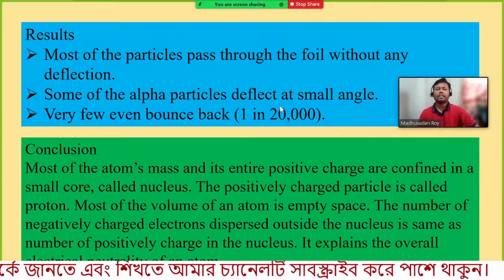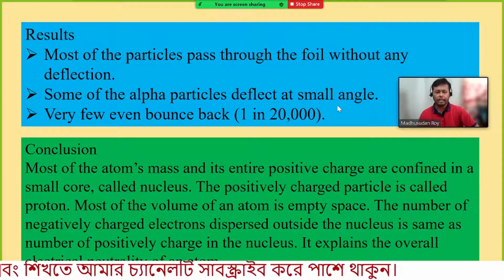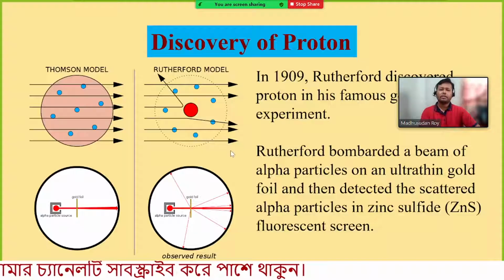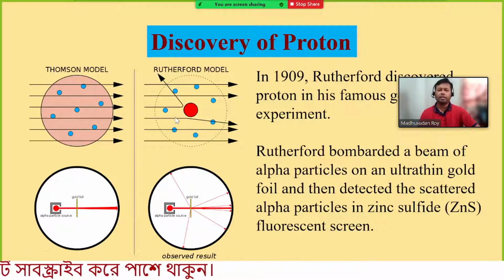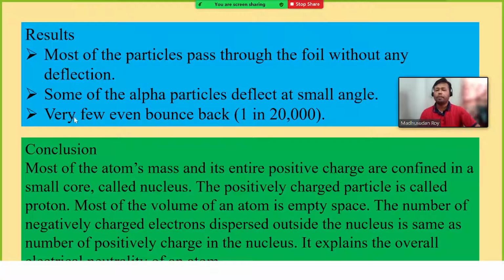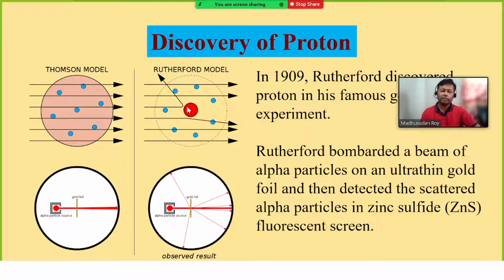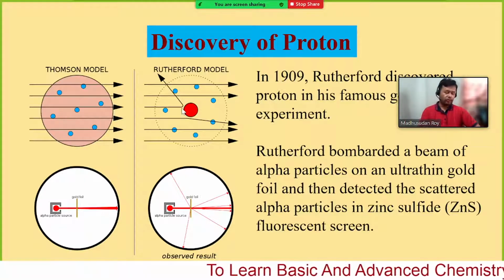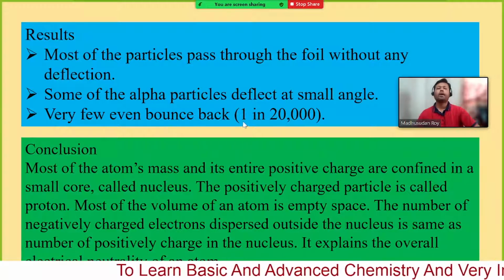Some of the alpha particles deflect at a small angle, and some of them, very few, even bounce back. Bouncing back means going in the same direction they came from, at a very large reflected angle.